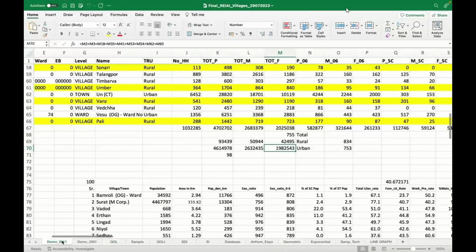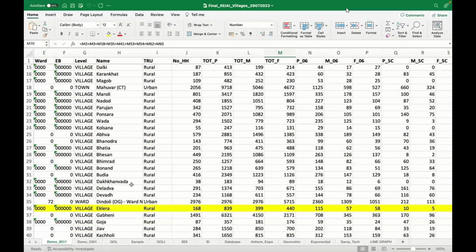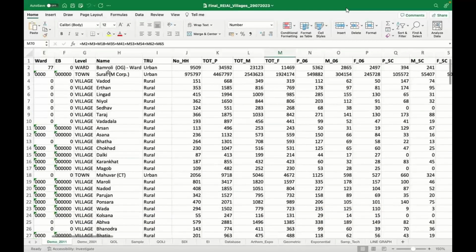Remember slide number 1, we have made a diagram in Google as well as with the village boundary. And from Google, you have selected the list, and for that list, you have taken the district census data of that particular district from the census website. Download that Excel sheet. It is free of cost, right?